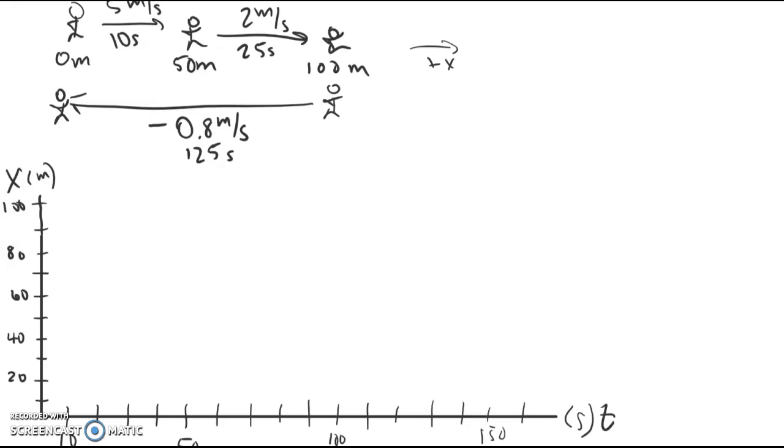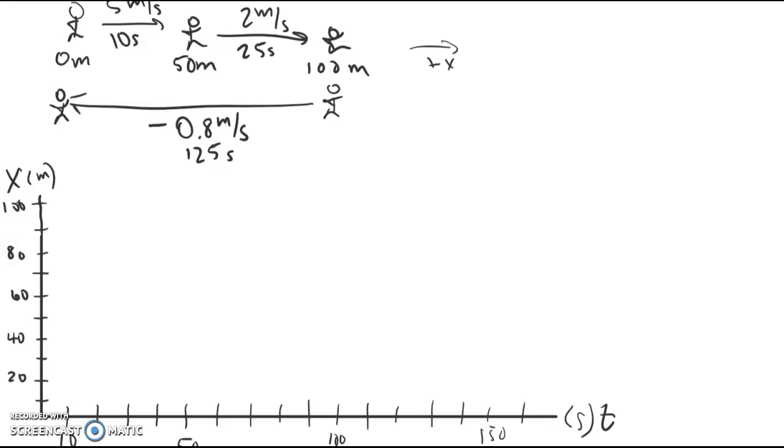All right. So sorry it's a little chopped up, but we're going to go with it here. So I've created this position versus time graph. Well, I haven't graphed anything yet, but I set up the coordinate system. So on my horizontal axis, I have time in seconds, and every tick mark is 10 seconds.